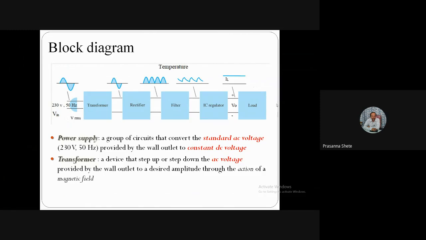So if we have input 230 volts with 50 hertz frequency, the output of the transformer will be approximately 24 volts, 12 volts, 9 volts in that form. So it is converting an AC to step down AC signal at the output.